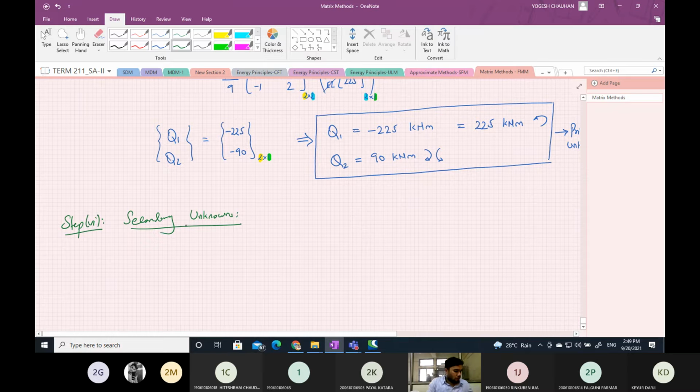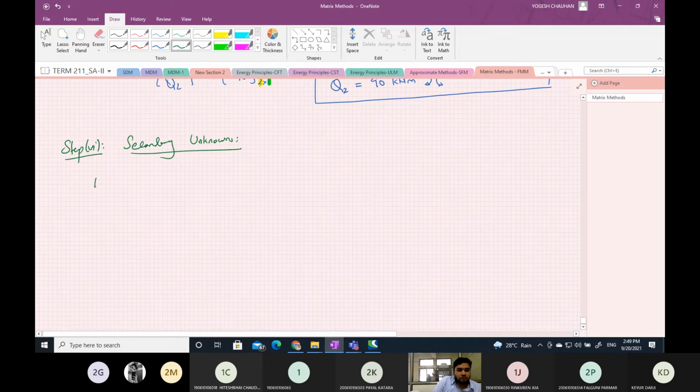Now secondary unknowns are the reactions and the member end actions. Now here we'll find the reactions only, but by the same logic you can find the member end actions also. So let us find reactions.